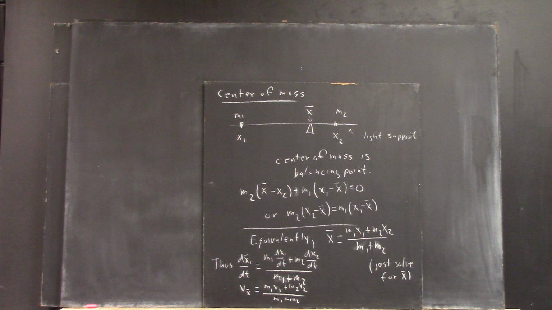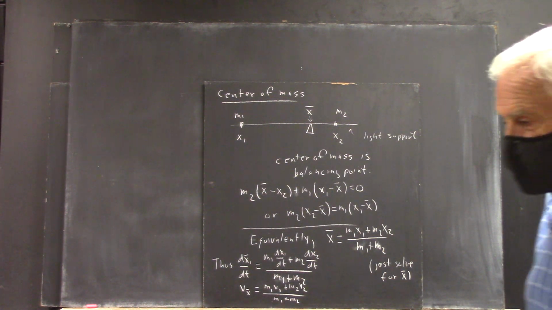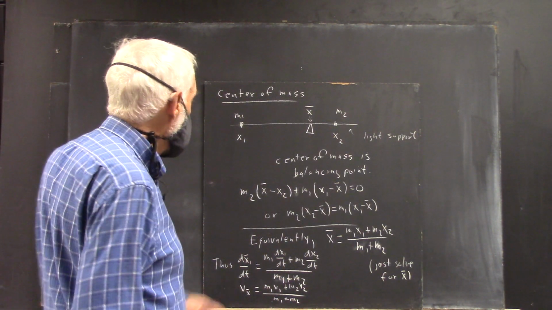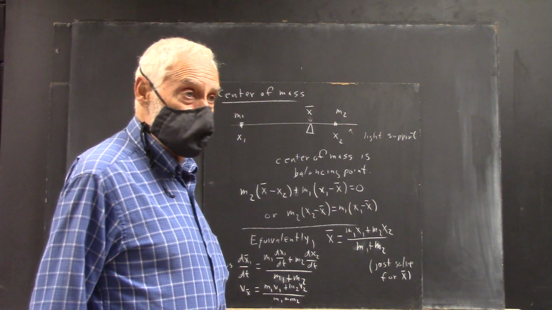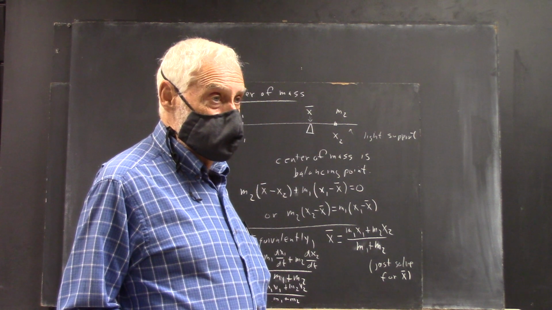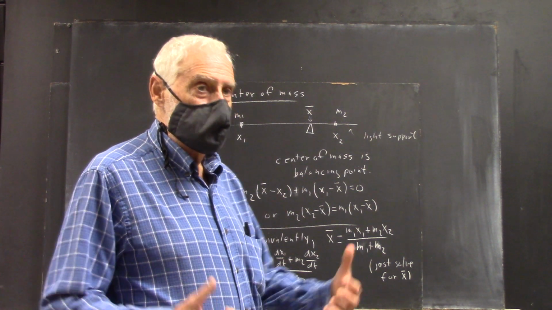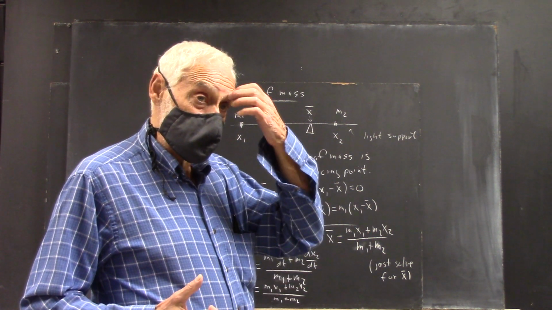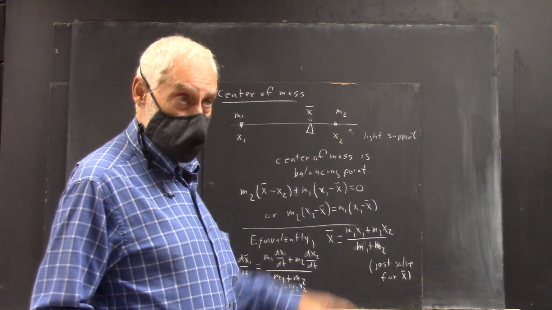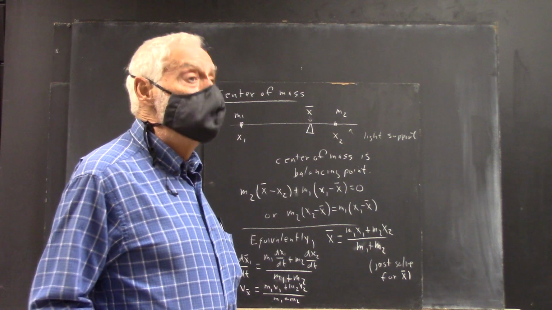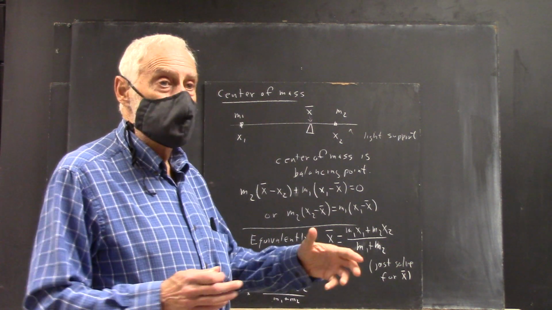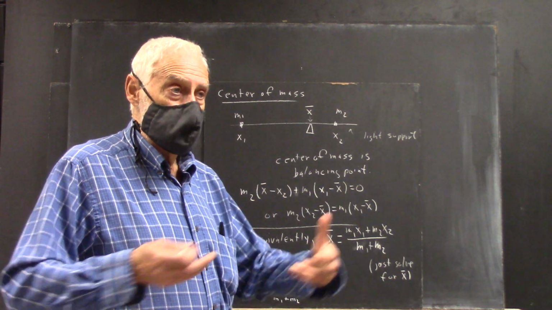Okay. I also talked about external versus internal forces. These masses attract each other gravitationally. There's not much attraction, but that's an internal force. Okay? It's a force exerted by the particles of the system on one another, as opposed to a force exerted by something external to the system, something that isn't one of the particles, exerting a force on the particles.